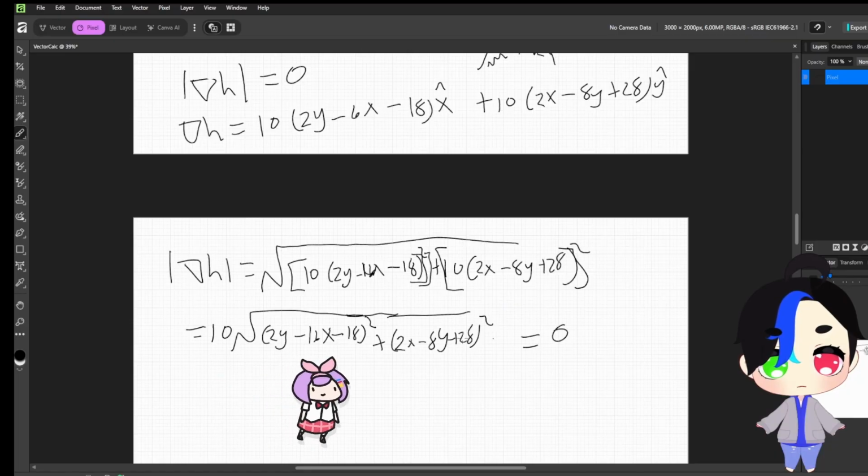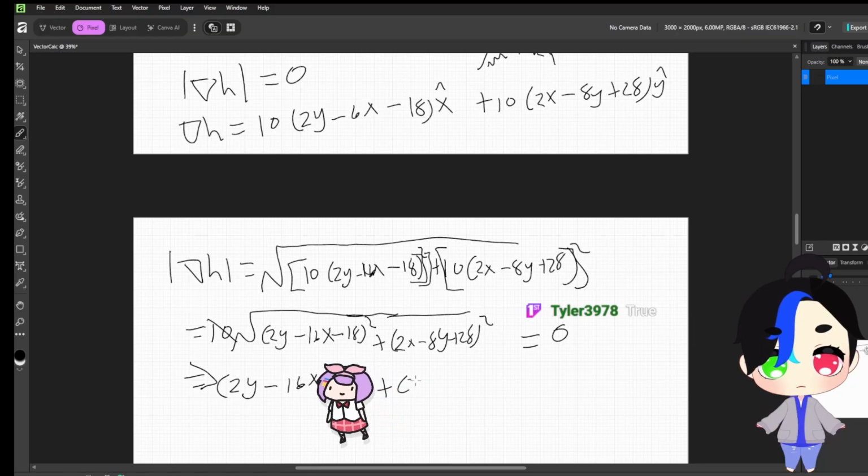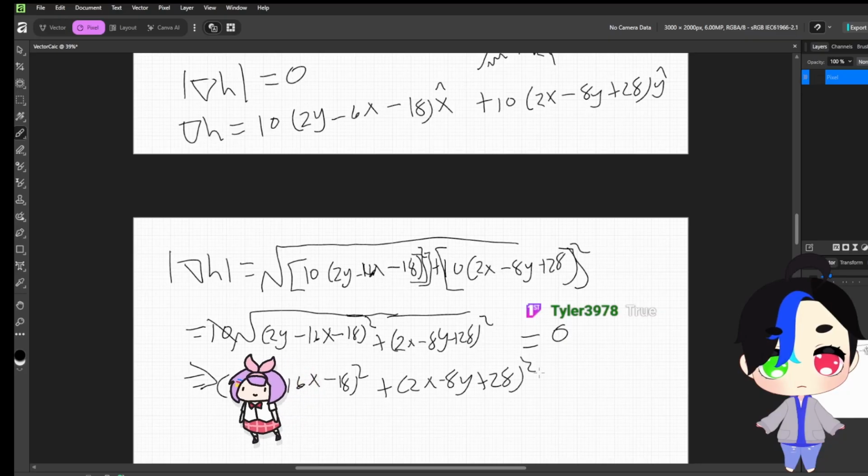And we want this to equal 0. So we can divide this out, square it, and we get 2y minus 16x minus 18 squared plus 2x minus 8y plus 28 squared equals 0.